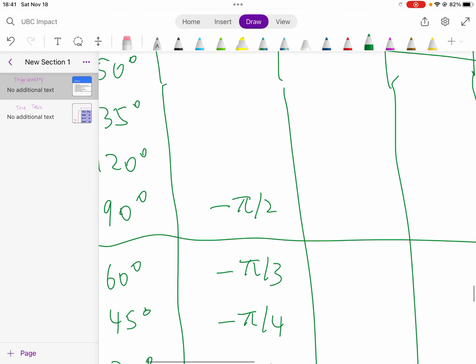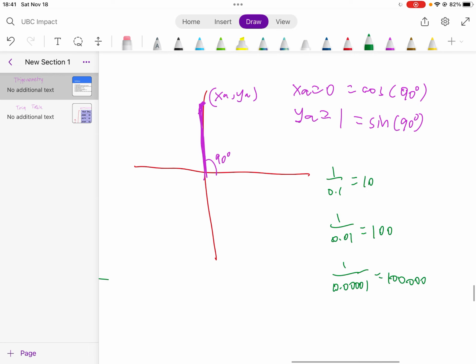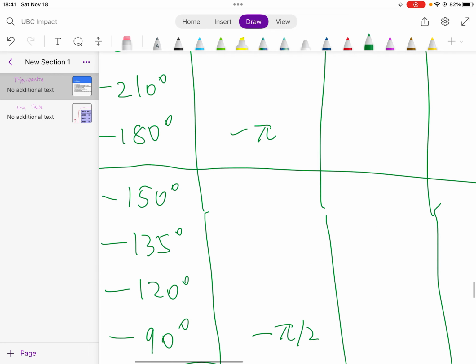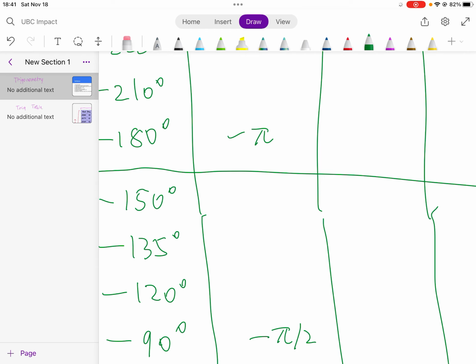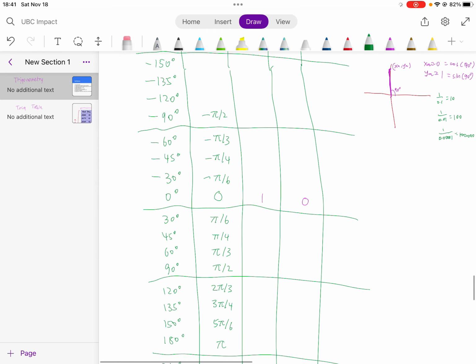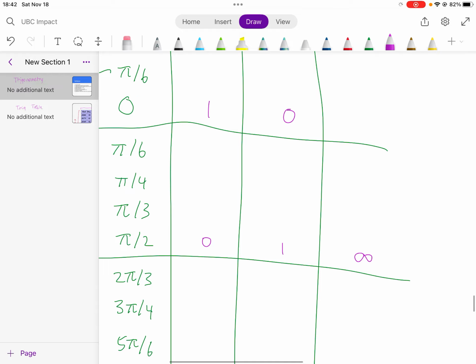If you take calculus in the future, you'll understand how this works. But essentially, the answer is infinity, because you can make the bottom closer and closer to 0, and it'll just make the ratio bigger and bigger. And so for 90 degrees, the cosine is 0, the sine is 1, and the tangent is infinity.